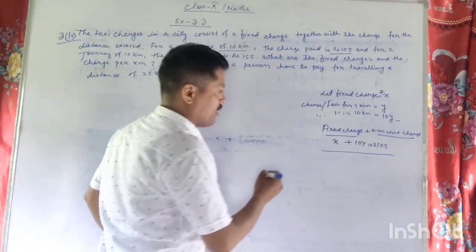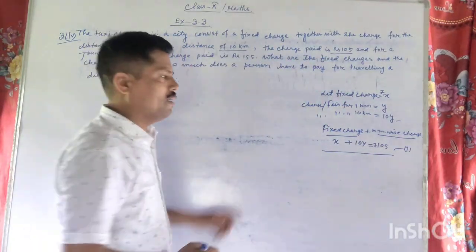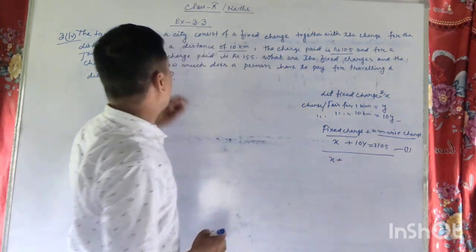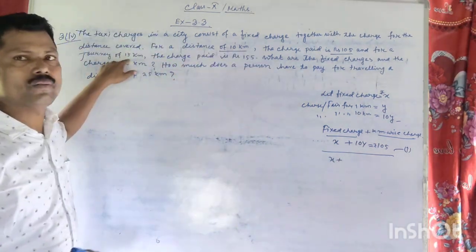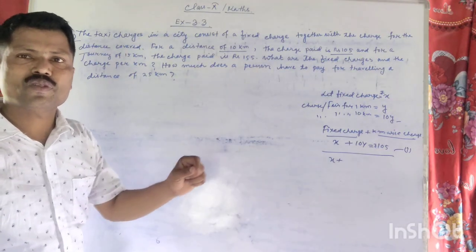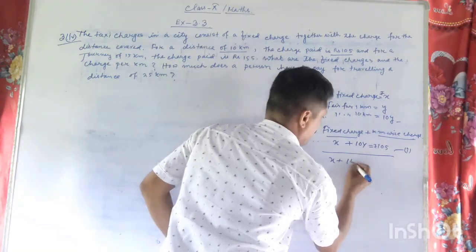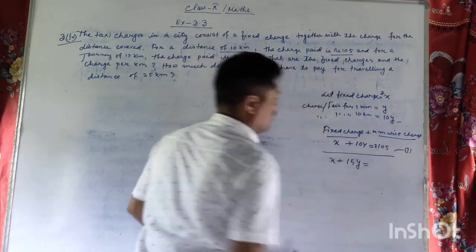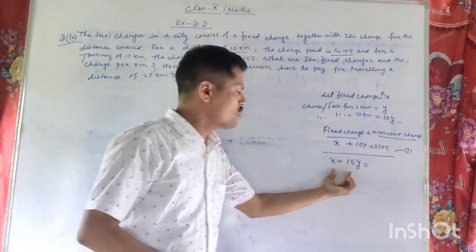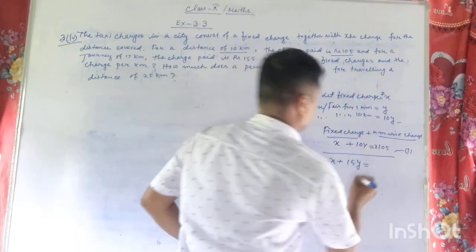So the second case, this one is the first equation. Another one is the fixed surge x plus how many kilometers we have to travel, 15 kilometers. That means for 15 kilometers the surge will be 15 into y, that is 15y, and the total pay there is 155. That means x plus 15y is equal to 155.